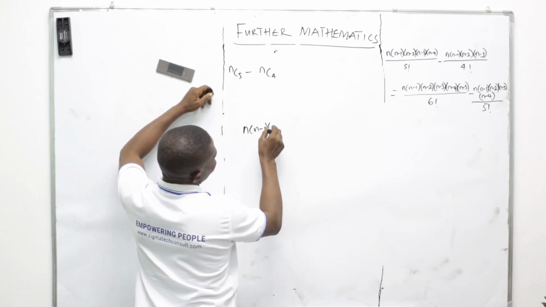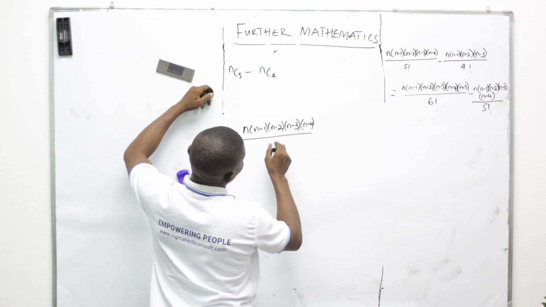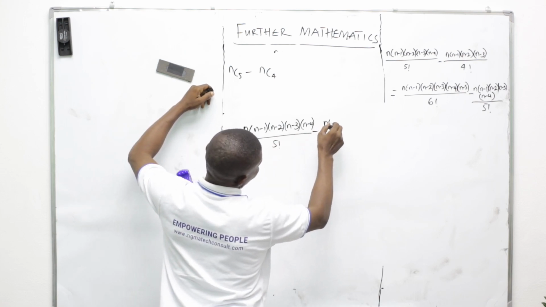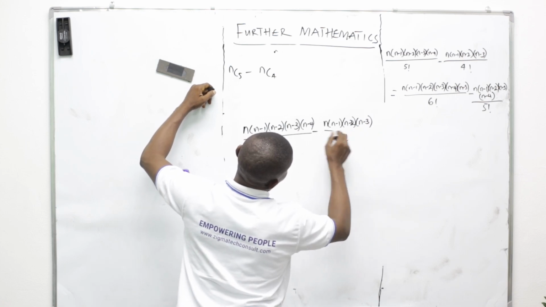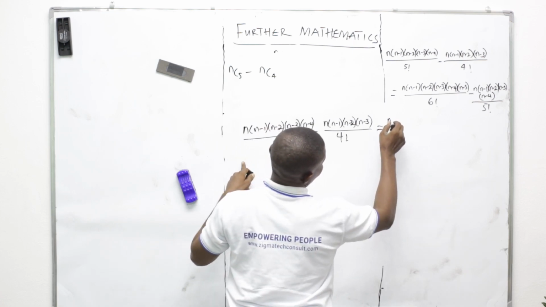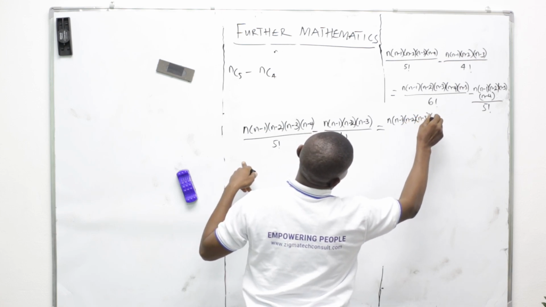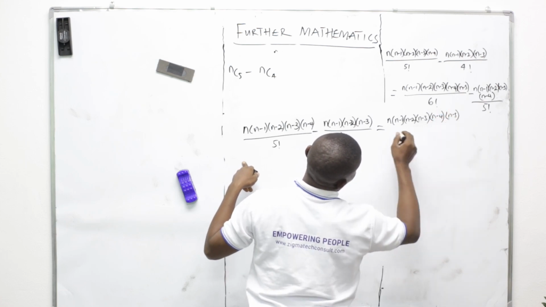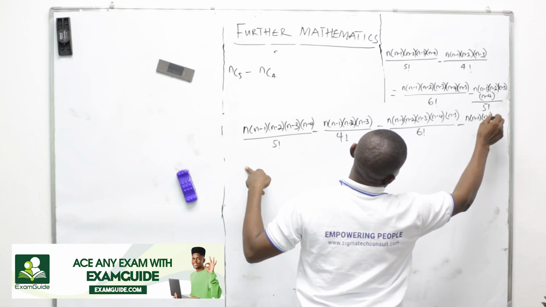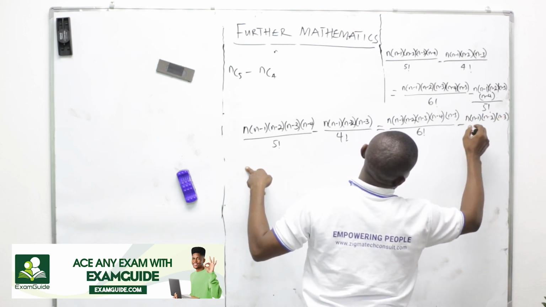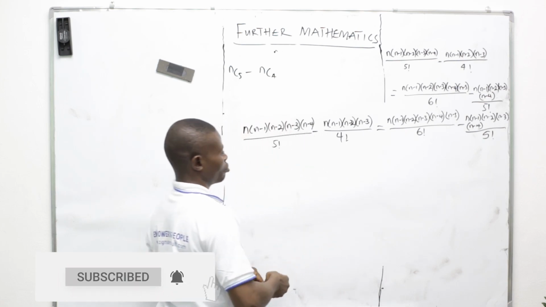N into n minus 1, minus 2, minus 3, minus 4, 5 factorial minus, equals.